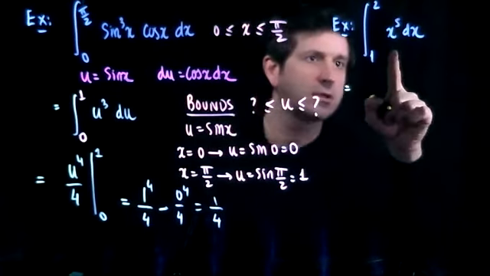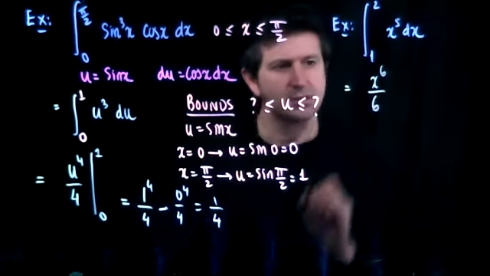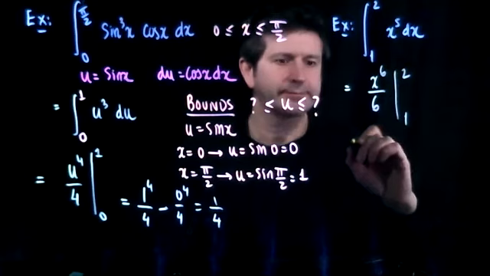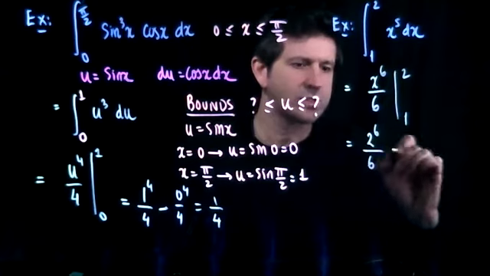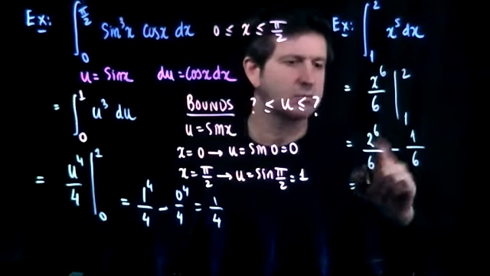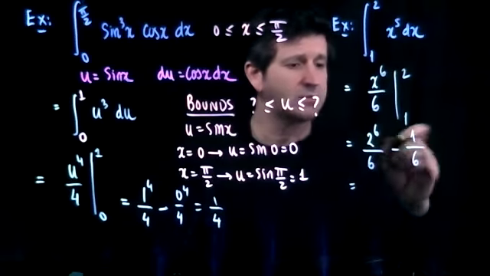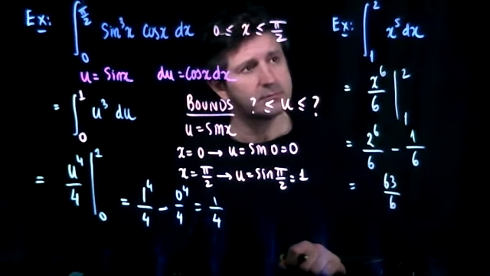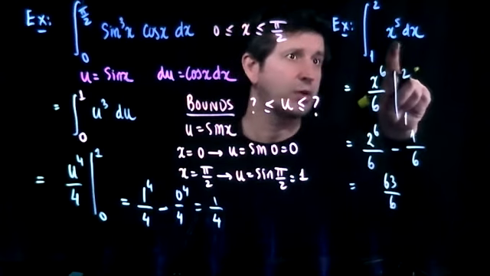Can you tell me? x to the sixth over 6, evaluated from 1 to 2. So you plug in 2 here, 2 to the power 6 over 6 minus you plug in 1 here, 1 to the power 6 over 6. And that's the answer. 2 to the power 6, I don't know what that is, is that 64? I think it's 64. 64 minus 1 is 63 over 6. That's your answer. Okay, much, much faster than using the Riemann sum, which would be a real pain here.